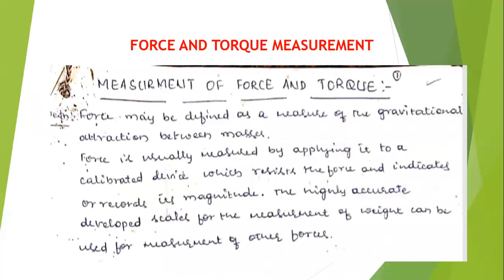Say once again, the measurement of force. First, the definition of force. Force is nothing but the gravitational attraction between masses. For example, if you want to measure the weight of any component or anything, that is nothing but gravitational attraction in the downward direction.